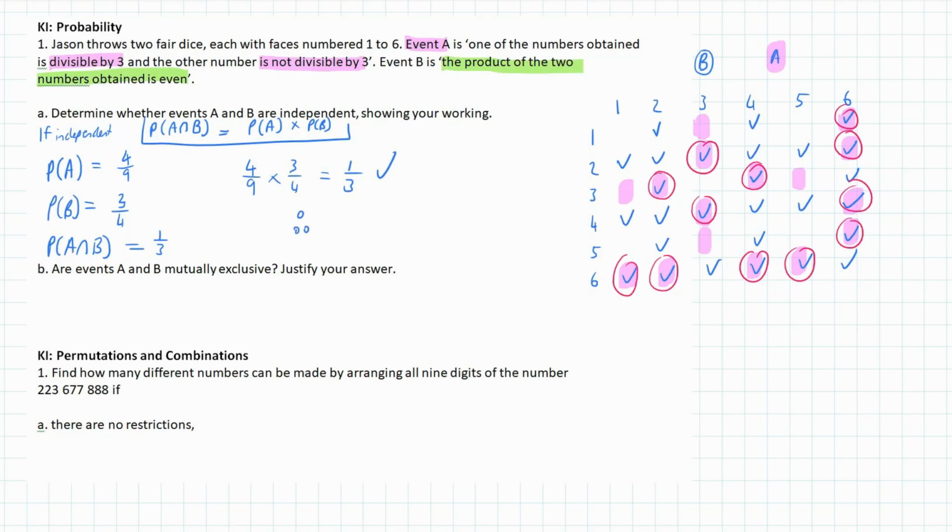Therefore, the events are independent. Okay. Are they mutually exclusive? No, because the probability of A intersection B does not equal 0, right? In other words, we can have A happening at the same time as B.